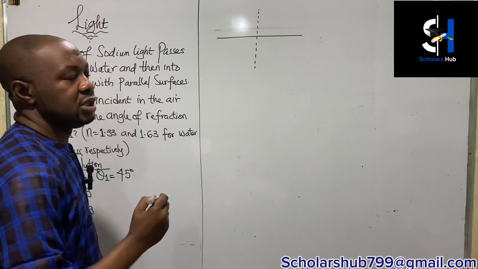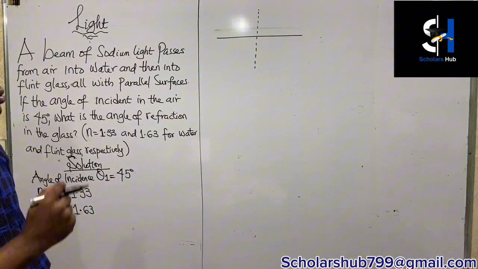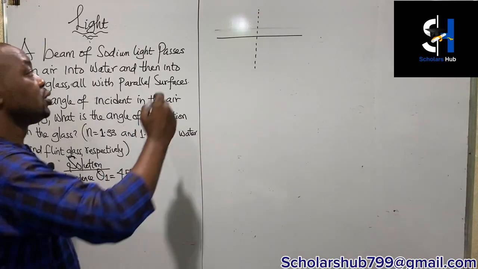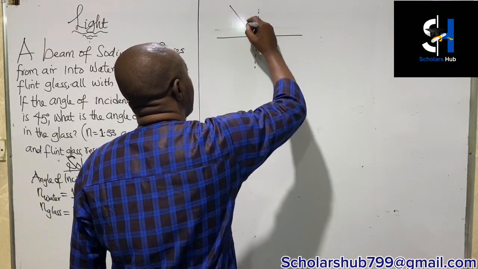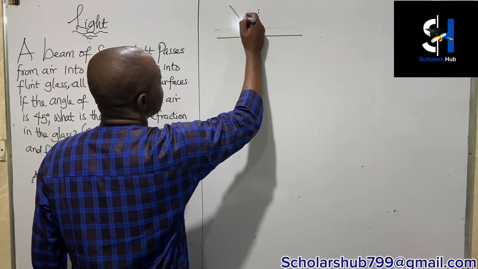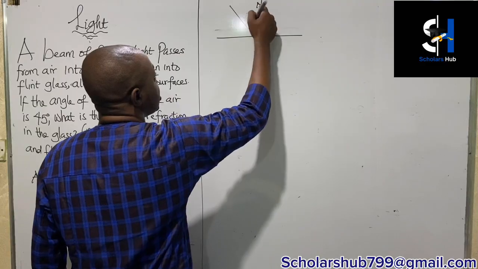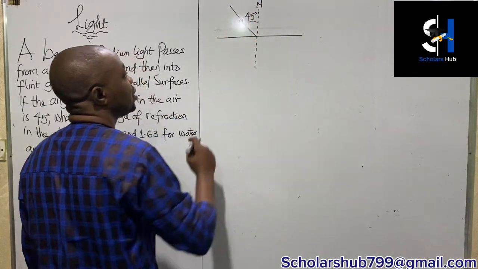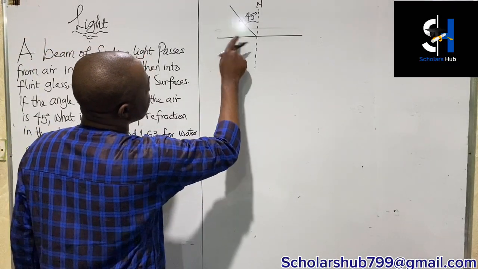The normal ray is the ray which is incident normally on the boundary surface. So the light comes from air, and the incident ray makes an angle of 45 degrees with the normal ray. This is the normal ray and this is 45 degrees, which is the angle the incident ray makes with the normal ray. So this is the incident ray.